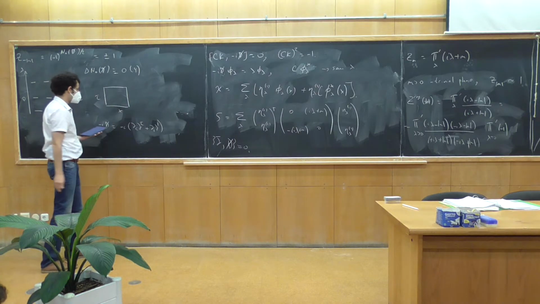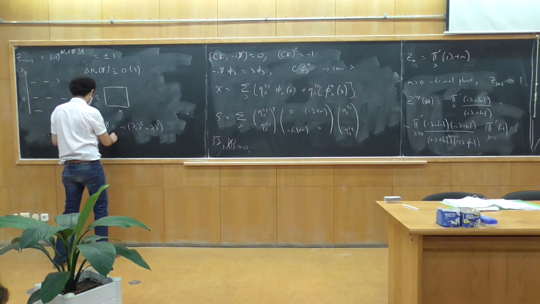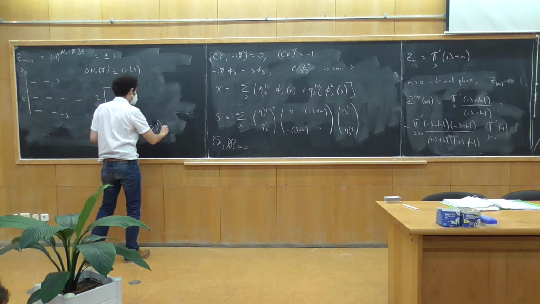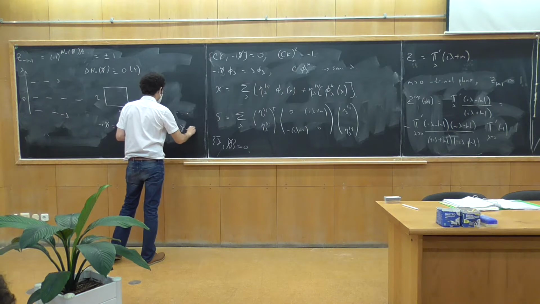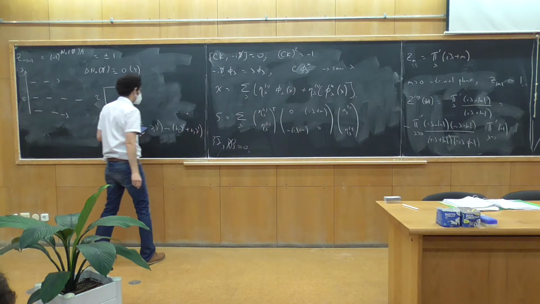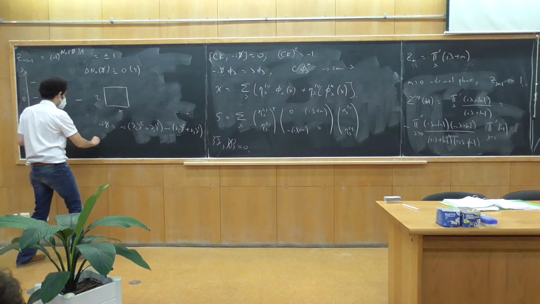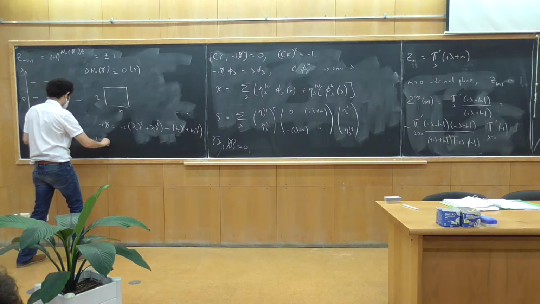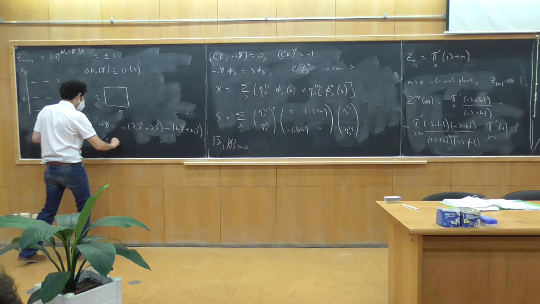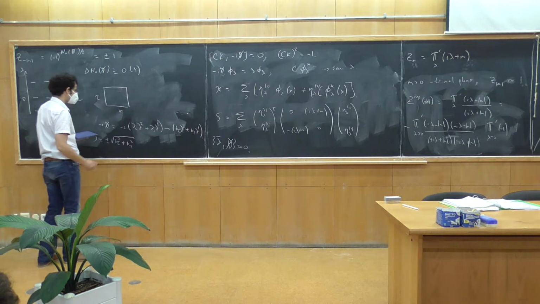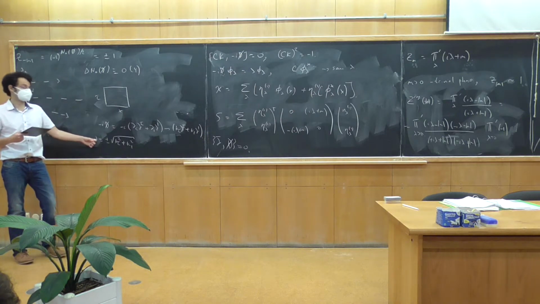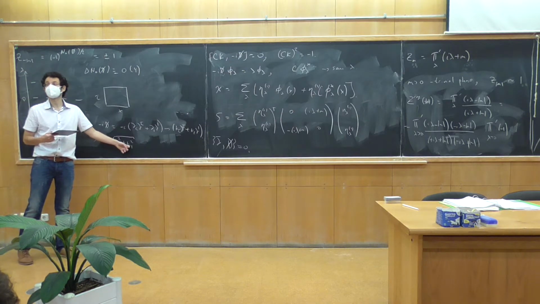So we can go to momentum variables. This will become k tau gamma tau plus k1 gamma 1, and the eigenvalues are plus minus the square root of k tau squared plus k1 squared. So to have a zero mode, both k tau and k1 must be 0.